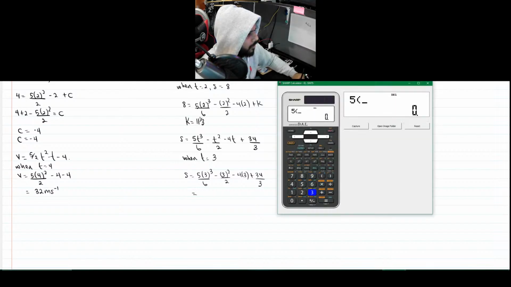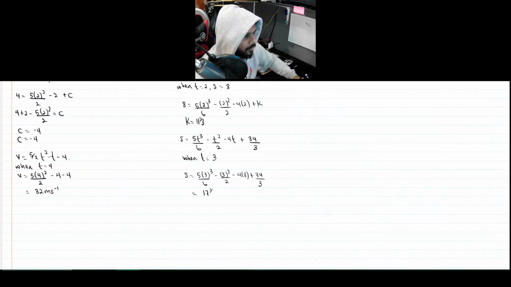We actually had 6, this whole thing here was 6. So it could just be 6 plus 34 over 3, 17 and a third meters.